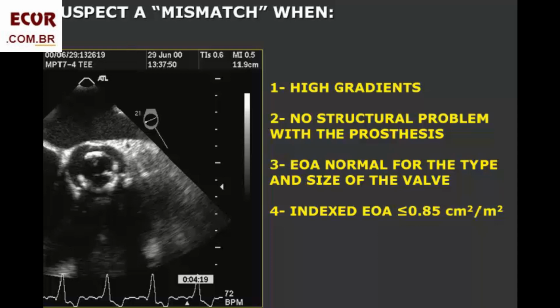There are no structural abnormalities in the leaflets. The other 3 and 4 items are for those who believe that continuity equation is accurate enough to distinguish between those cases where items 1 and 2 were unable to make the distinction.